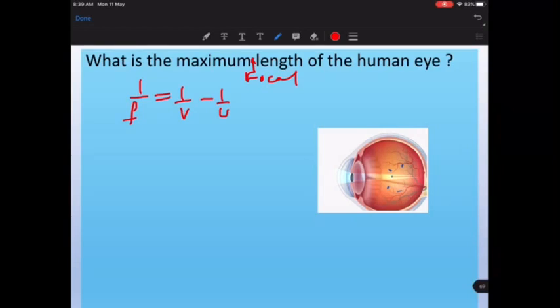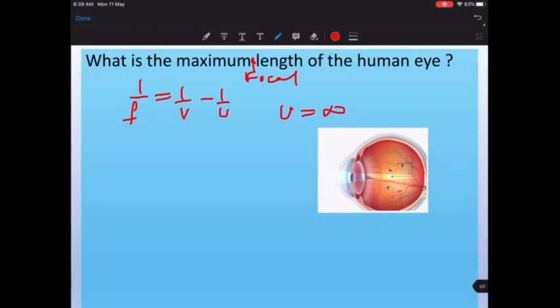Now, we know what u is. U is minus infinity. What is our v? V is going to be the same, which is plus 2.3 centimeter.